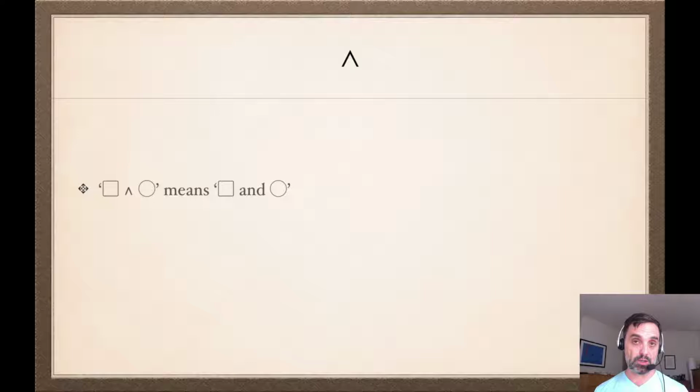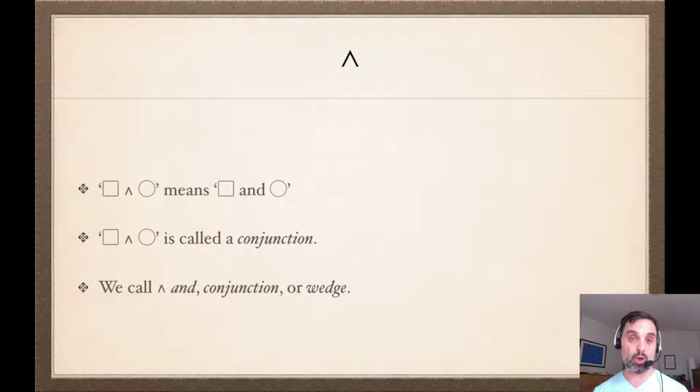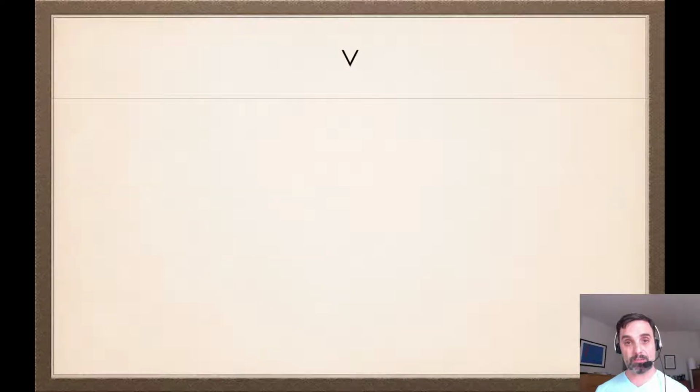Officially, there would be parentheses there, but because we can drop the external parentheses, we have this. And this, square, wedge, circle, means square and circle. This is the and symbol. So the whole thing is called a conjunction, and we will refer to the symbol as and, conjunction, or wedge.